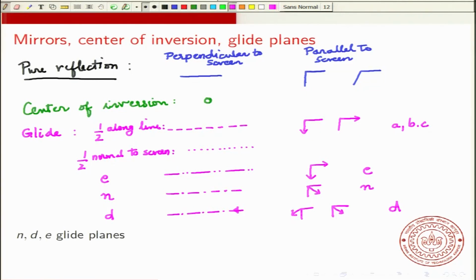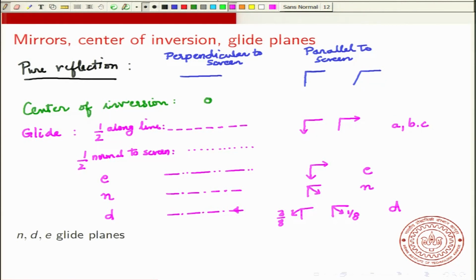And usually the length of this arrow will be denoted. So, if you have a 1/8 translation or a 3/8 translation in this case, these will be the length of the arrows. Now, again this would be a diagonal, this would be a diamond glide.